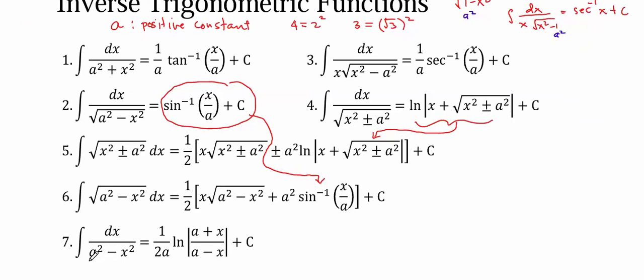Because look, what are the factors of a squared minus x squared? It is a minus x times a plus x. So this is the one on top and this is the one on the bottom. Take note, these are the factors of the denominator. The one on top is plus.